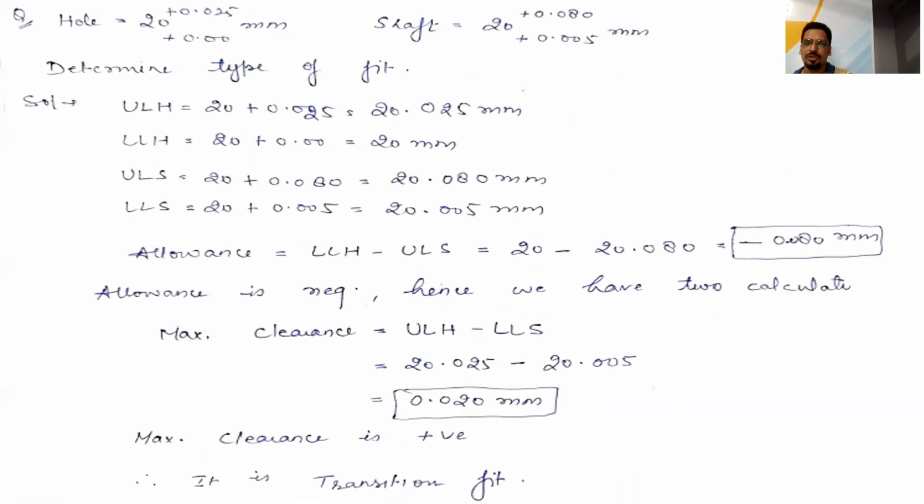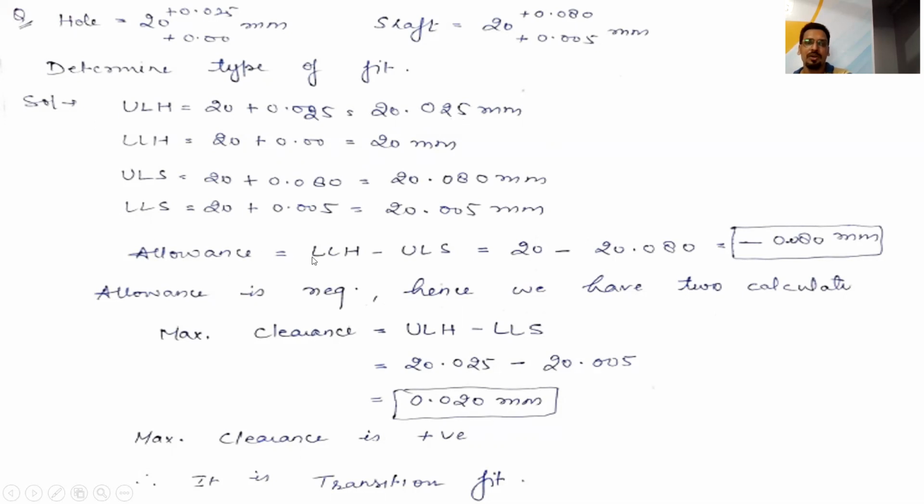For calculation of the allowance, we use the upper limit of the hole from this formula, 20 plus 0.025, that is 20.025. The lower limit of the hole is 20 plus 0, that is 20 mm. The upper limit of the shaft is 20 plus 0.08, so 20.08. The lower limit of the shaft is 20 plus 0.005, that is 20.005 mm.